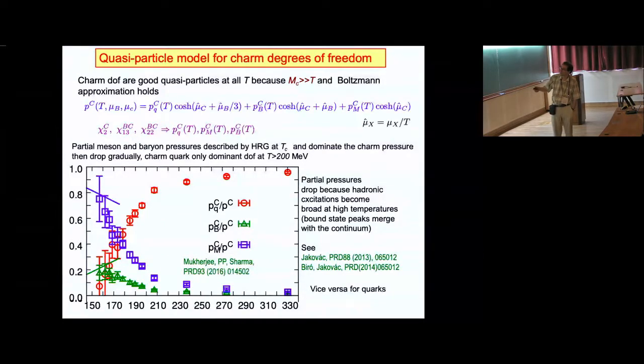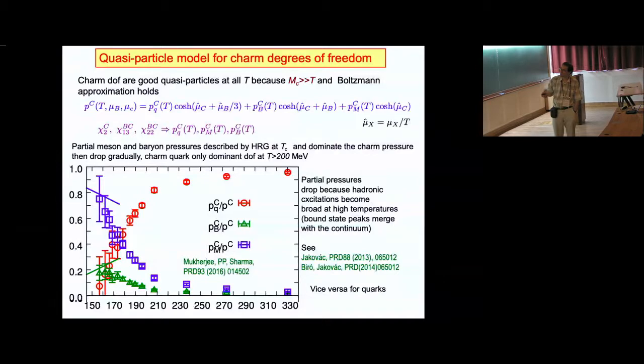Eventually, at a temperature around 300 MeV, most of the pressure is due to charm quarks. Now, if you look at the charm meson pressure, normalized by the charm pressure, it has the opposite tendency. At low temperature, it is essentially the dominant contribution to the pressure. And as you increase the temperature, it decreases and eventually goes to zero.